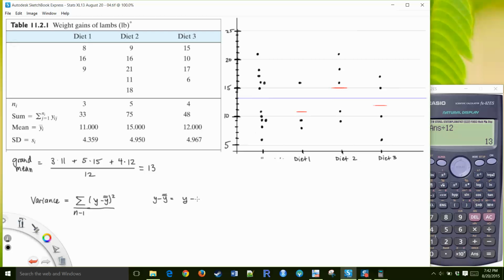How far is an individual data point from the group mean, and how far is the group mean from the grand mean.